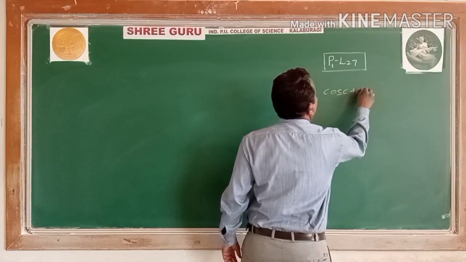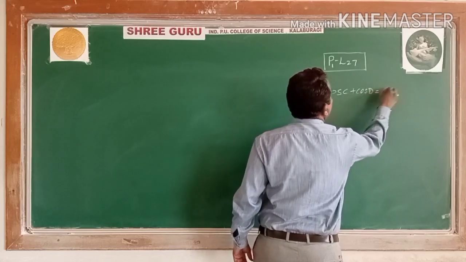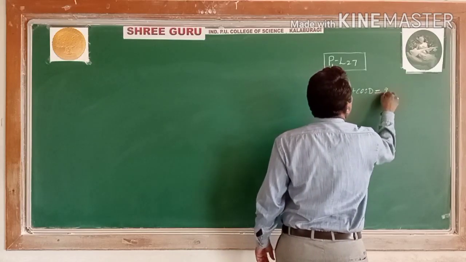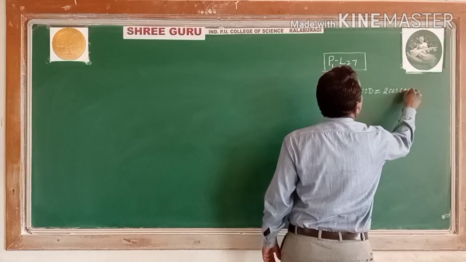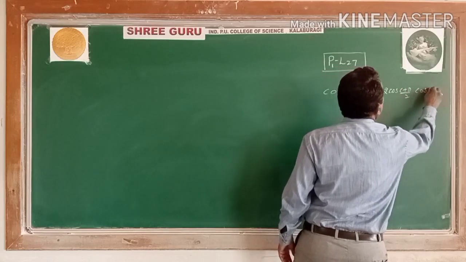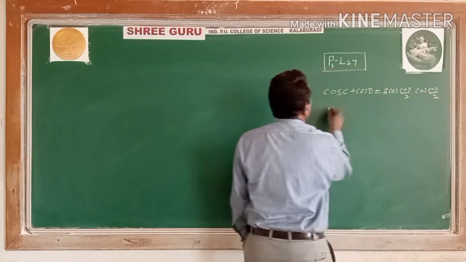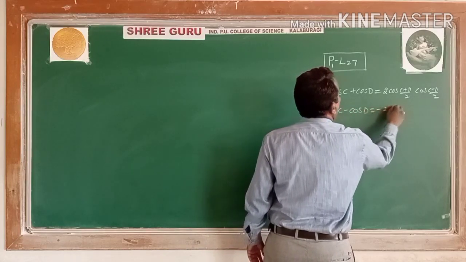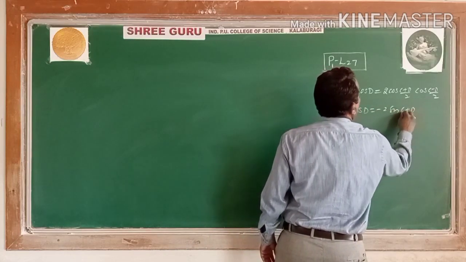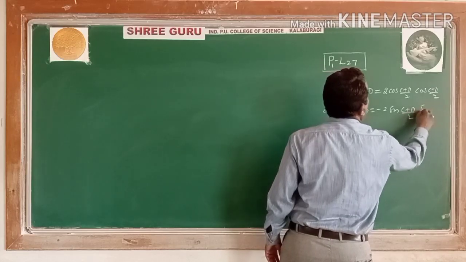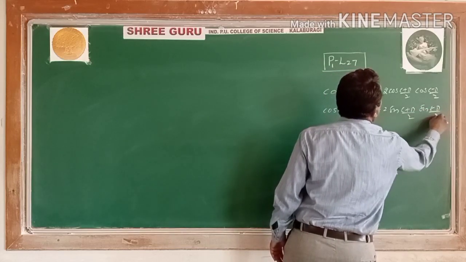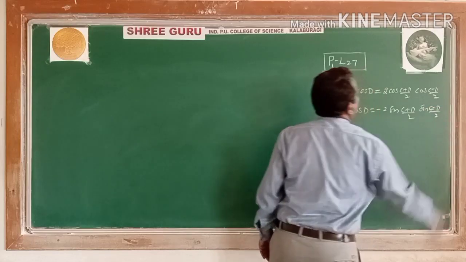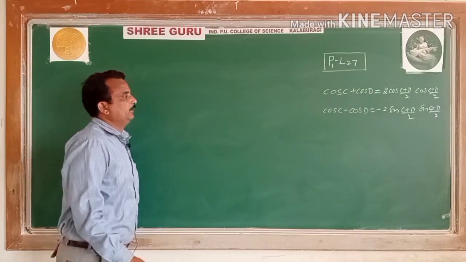formula, students. Cos C plus cos D, both cos. C minus cos D, both sine with negative sign, you know very well. Once C plus D by 2, once C minus D by 2, once C plus D by 2, once C minus D by 2.